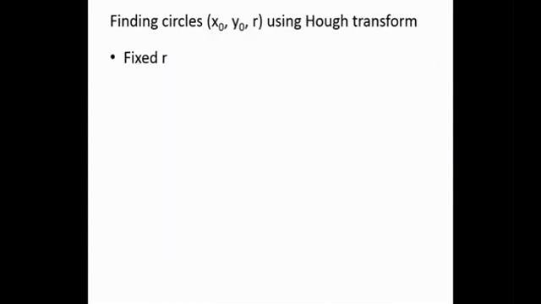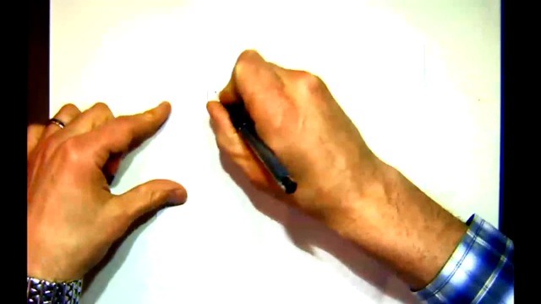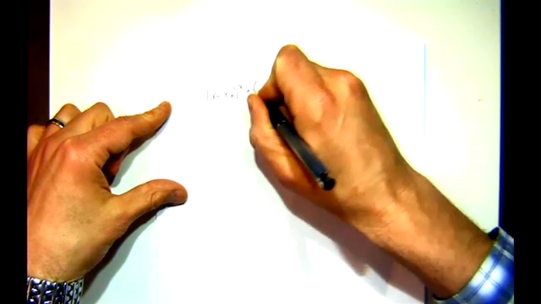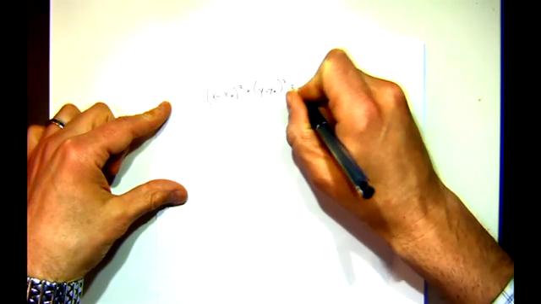So just to do one more conceptual example. Let's say that instead of fitting lines, I want to fit circles using the Hough transform. The equation for a circle is (x - x0)^2 + (y - y0)^2 = r^2.